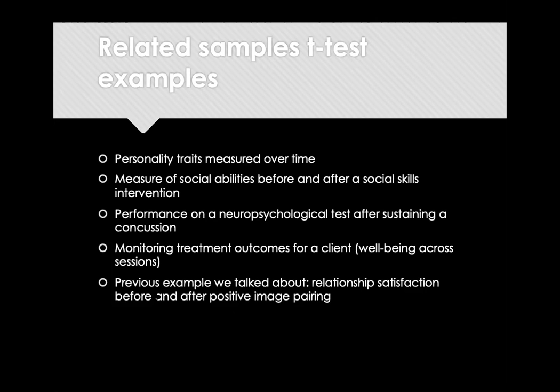Several of these, if not all of them, do involve experimental manipulation. I guess the concussion one would not, because we're not going to concuss people on purpose, but the relationship satisfaction example is an experiment where you're showing people neutral images or positive images and then measuring, does it have any effect on relationship satisfaction? There's experimental manipulation going on and you're looking at one variable, relationship satisfaction.